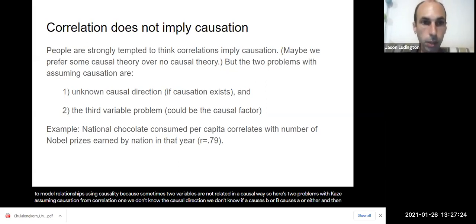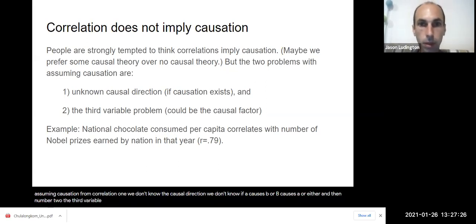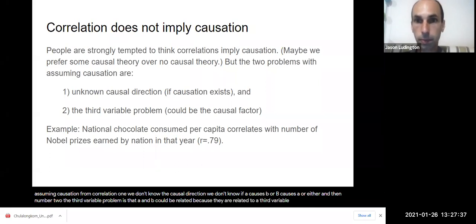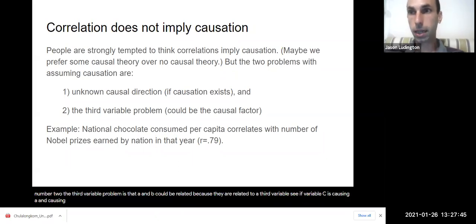And number two, the third variable problem is that A and B could be related because they are related to a third variable, C. If variable C is causing A and causing B, then A and B are not causing each other. They're just both resulting from the cause of a third variable, variable C.